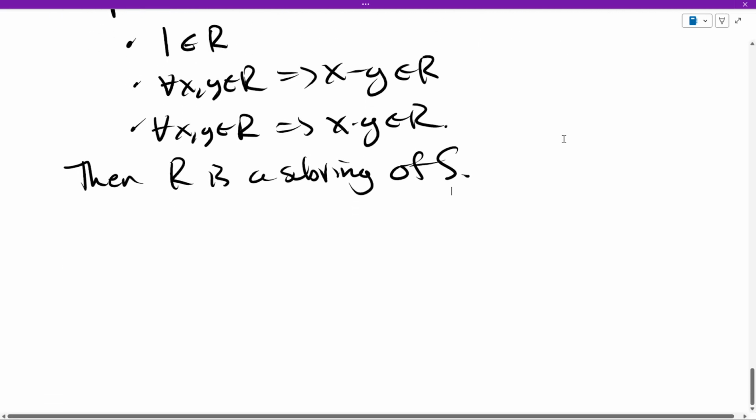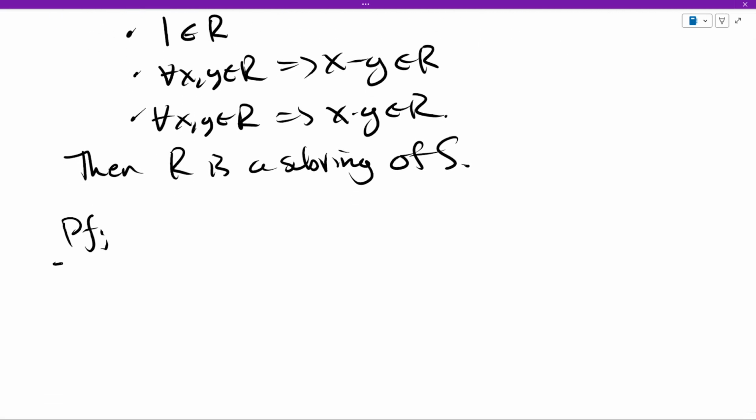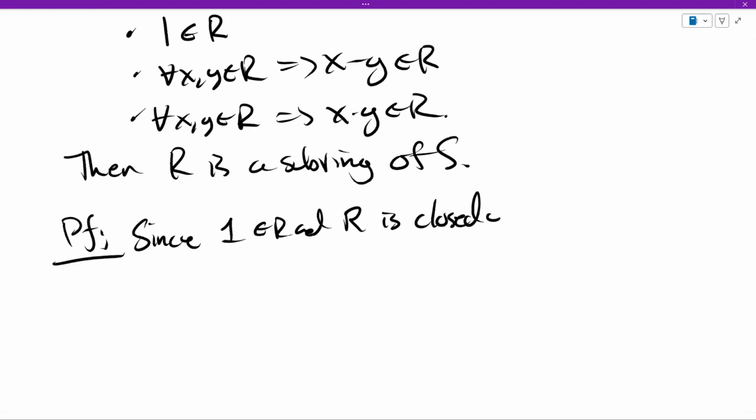Proof of this is not so hard. Proof. Well, since 1 is in R, it has the multiplicative identity, and R is closed under subtraction, so 1 minus 1, which is 0, is in R. So R has the additive identity as well.